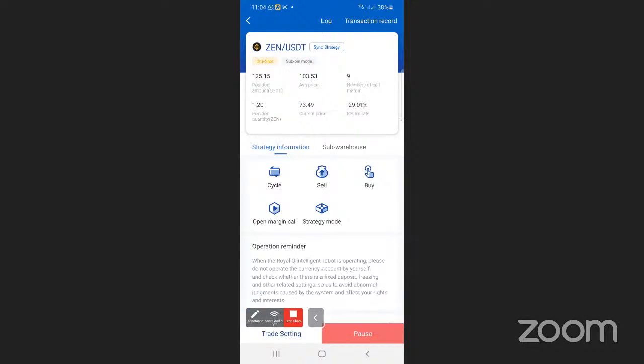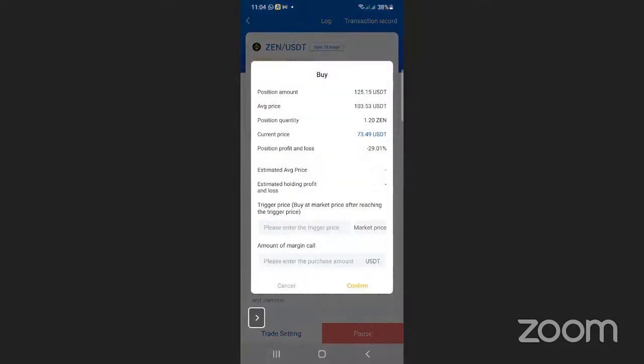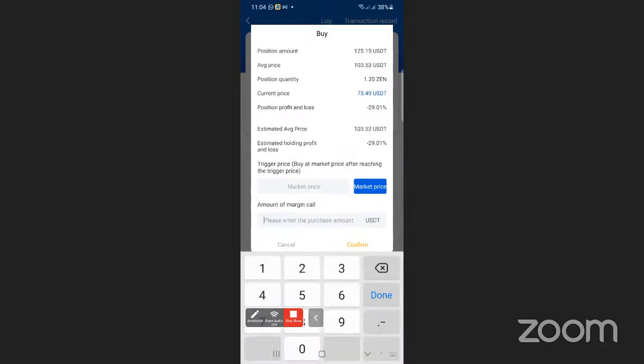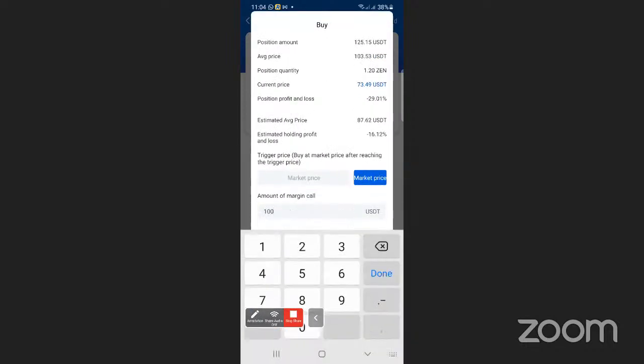I do what you call manual buying or manual replenishment. I tap on buy, I put market price. When I put market price, Xavi, note the estimated average price. So if I put in here $100, you see, my estimated average price moves closer to the current price.